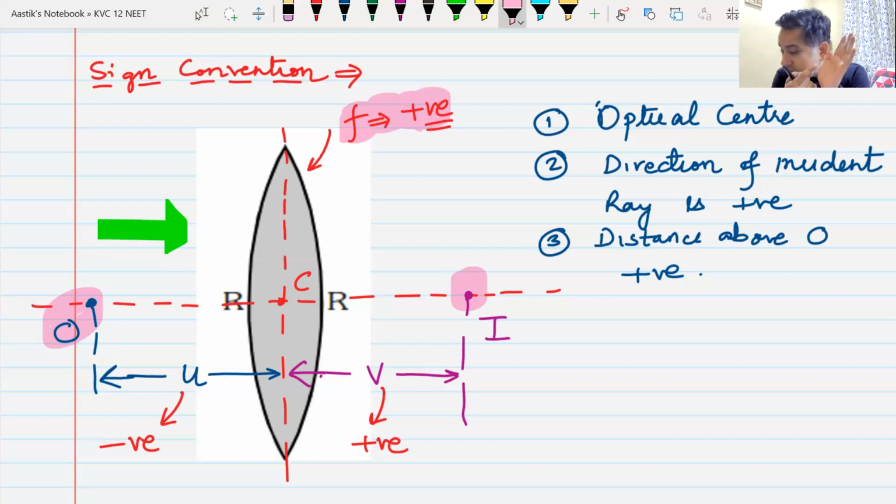The same thing we have to do for a convex lens, because a convex lens is always converging. Do we understand this? Yes, sir. So how many different positions are we going to see the image formation for a convex lens?